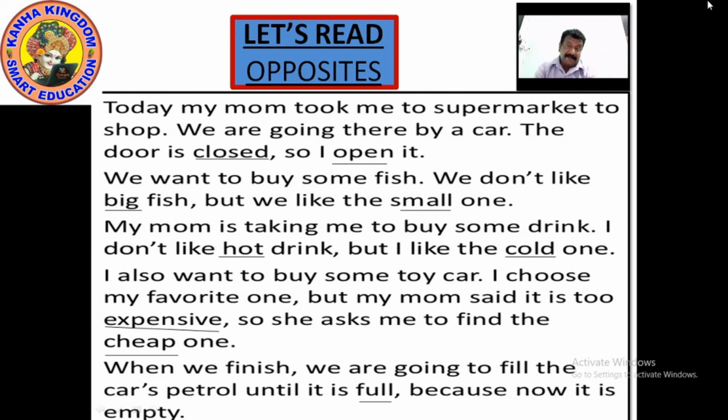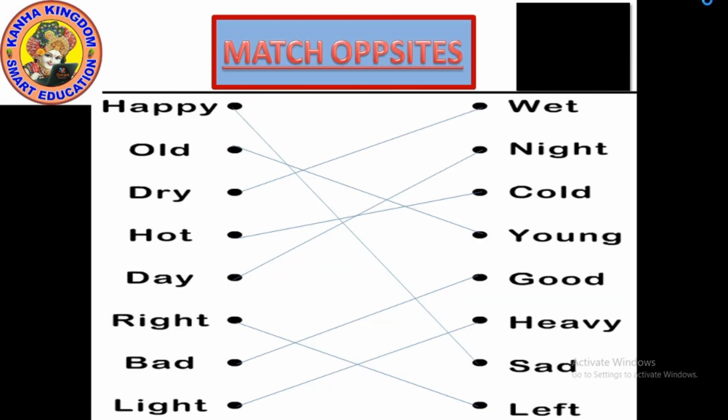Full, empty. These are the words which are used in the sentence. So please mark it down and write it properly. Write all the spellings, write the entire paragraph and mark it down. Give you 5 seconds.